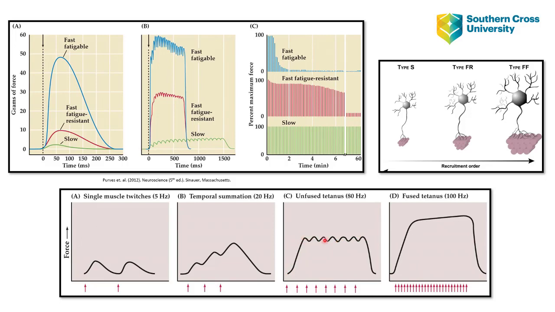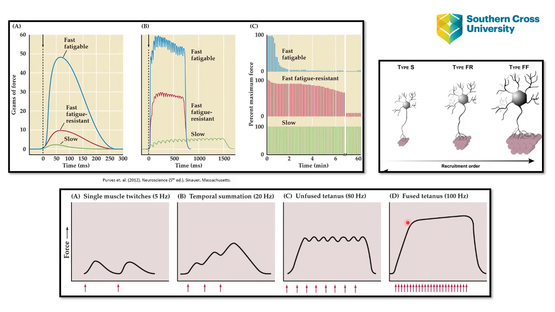So if we average the force across here, what we have is this wavering, unfused tetanus. And this wavering is because the frequency isn't high enough yet to stop any kind of relaxation. So we get a little bit of relaxation and then we hit again and we come back up. And so we get this wavering occurring. That's what we refer to as unfused tetanus.